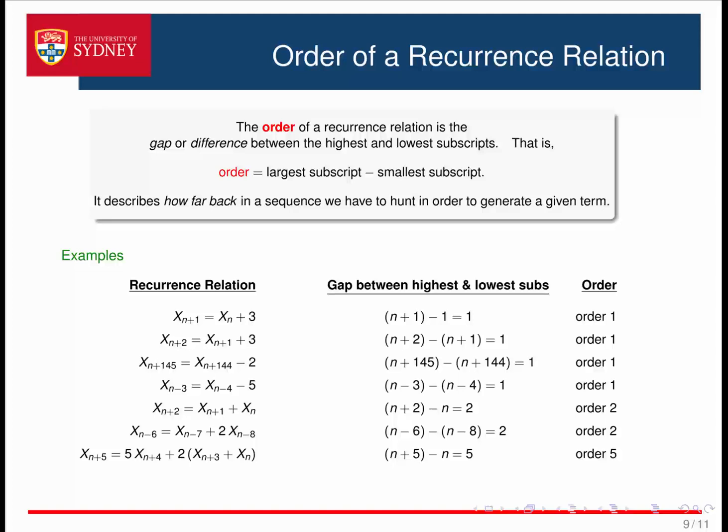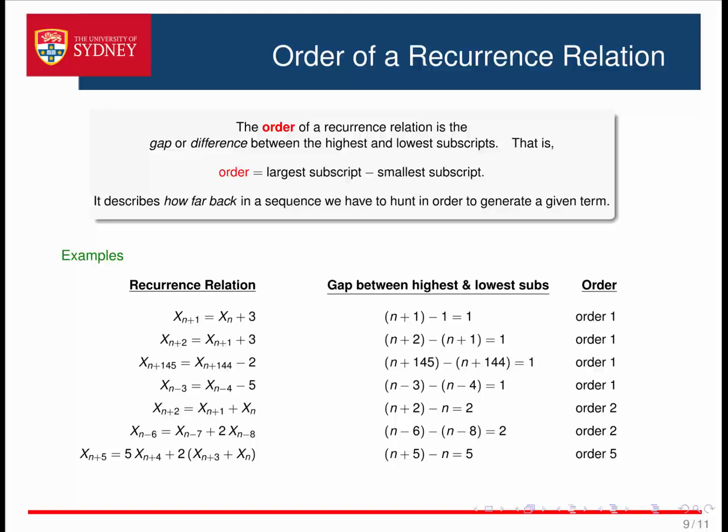From this example, we can see that the order of a recurrence relation depends on how many positions prior in the sequence we need to backtrack through in order to compute the present term. It's not just determined by how many previous terms that we use.